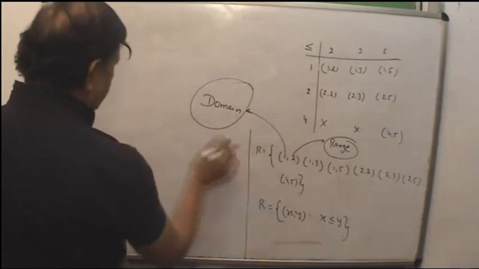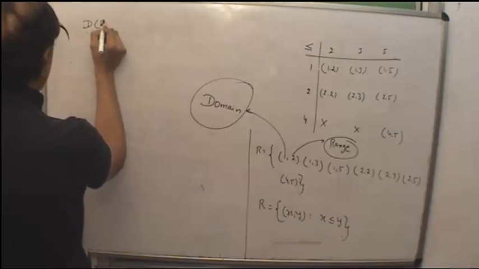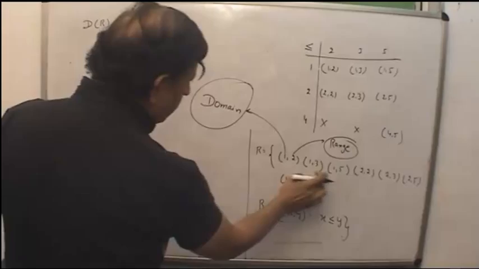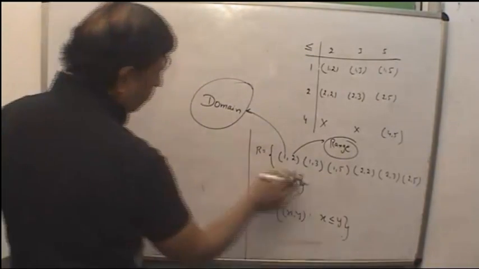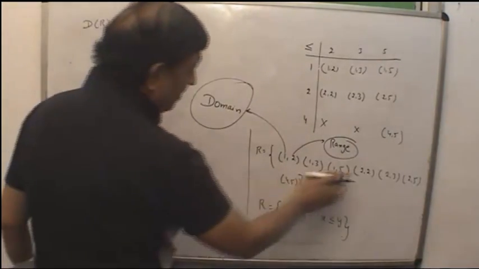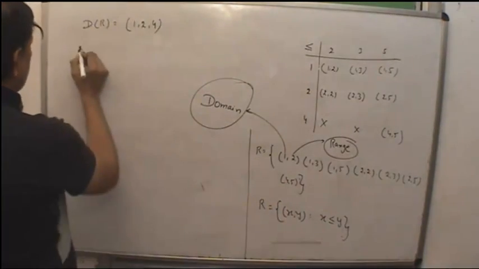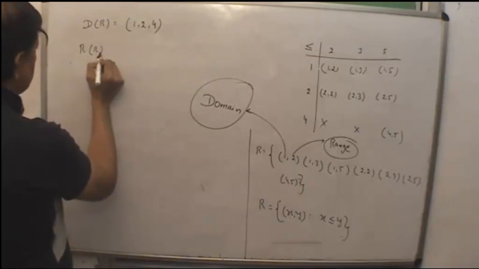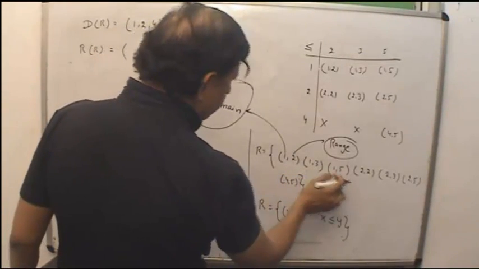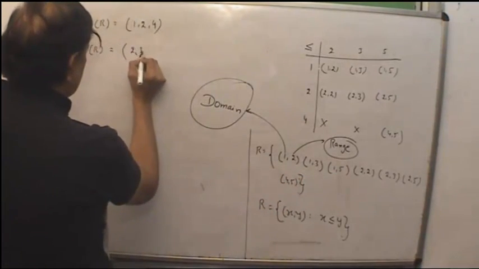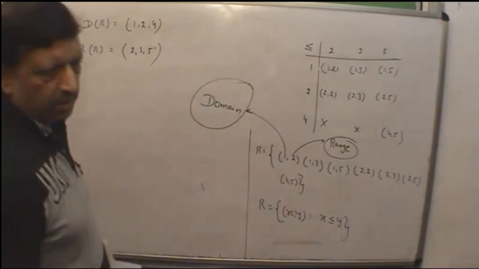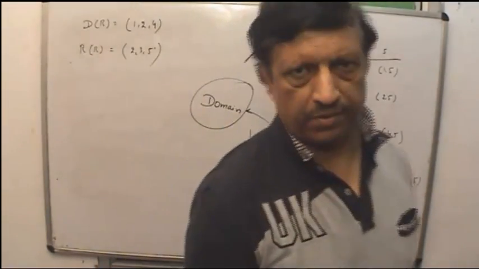We write it in this way: domain of the relation R. Here the domain is 1, 2 and 4. No element should be repeated. Then what is the range? R means range of the relation: elements 2, 3, 5. It is the range of the relation. Simply we can find it out.